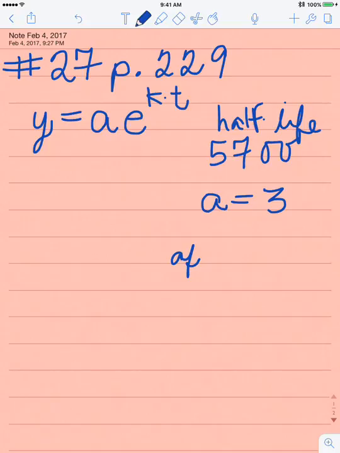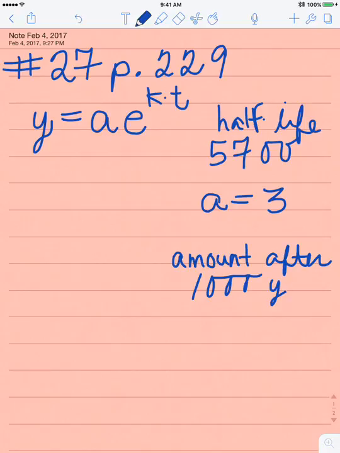So let me actually erase that. Amount after 1,000 years. Okay, let's get started.